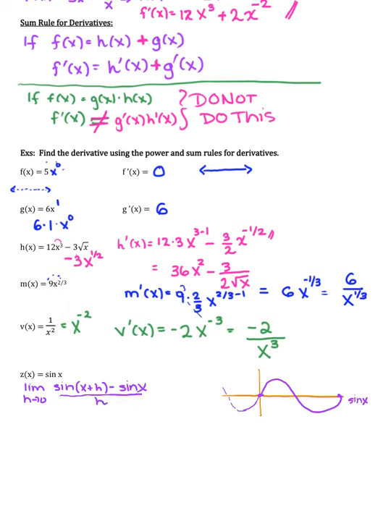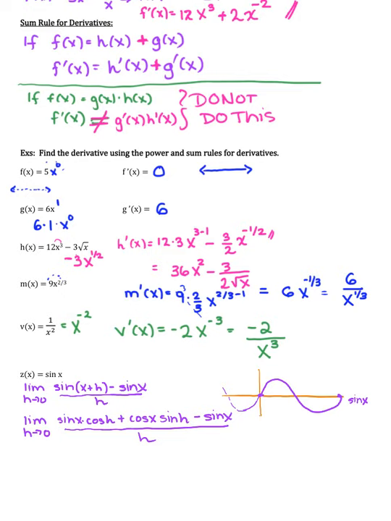And, sorry, don't mean to stress you out here, but do you remember composite functions? We can expand sine of x plus h as sine x cosine h plus cosine x sine h, and then we have minus sine x still, and this is all over h.